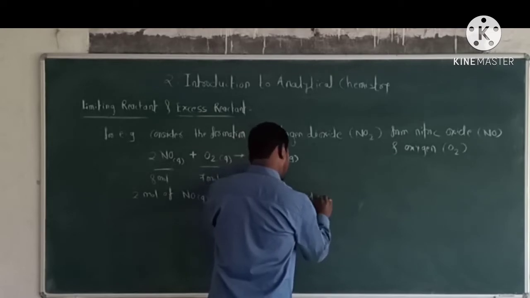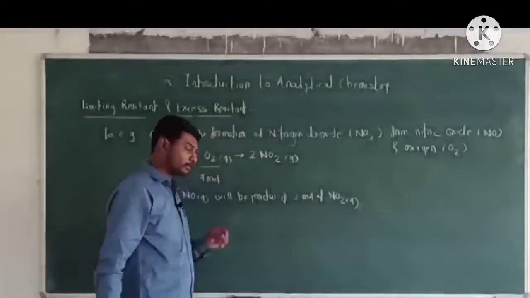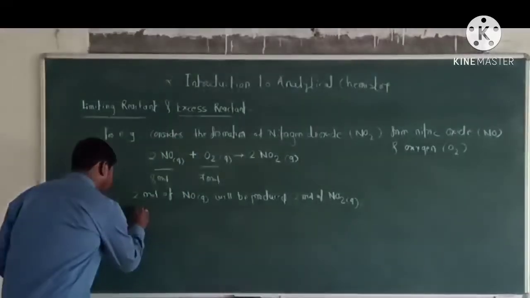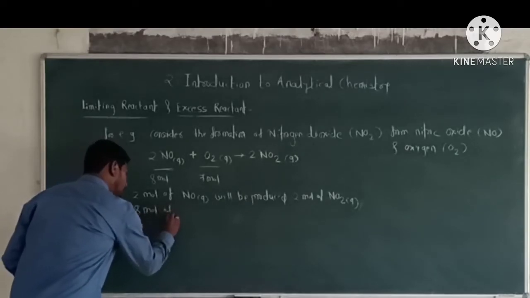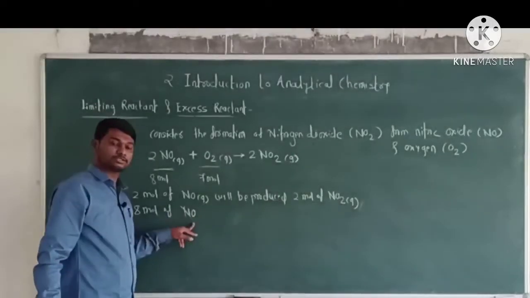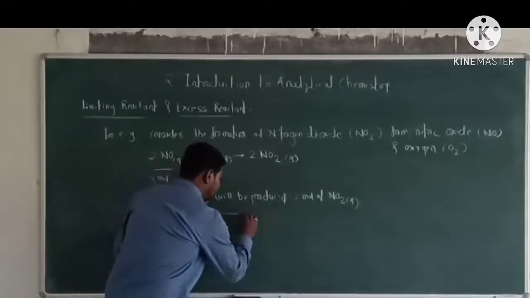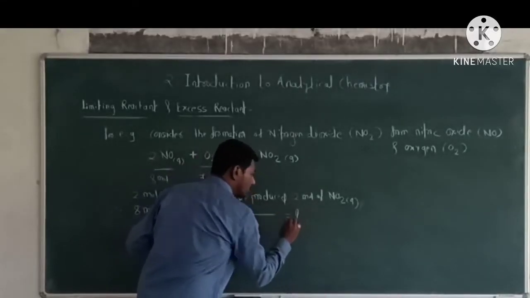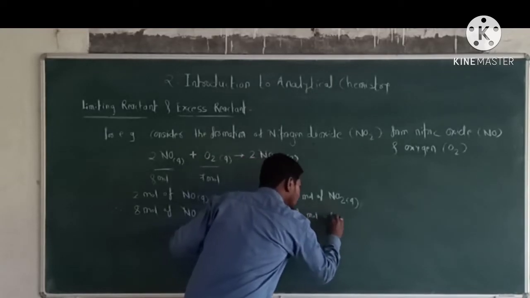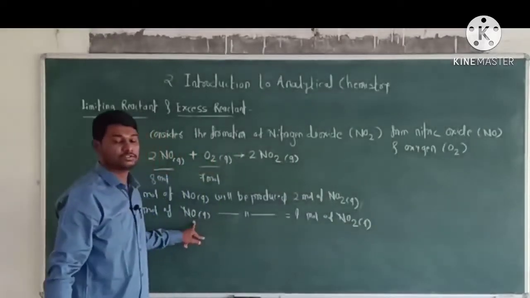Therefore, 8 moles of gaseous nitric oxide will produce how many moles of NO2, that is gaseous nitrogen dioxide?